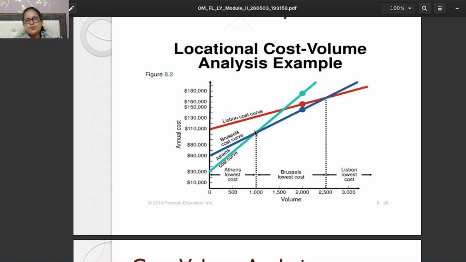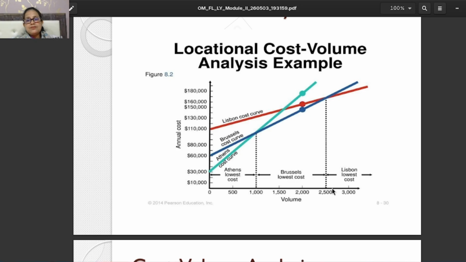Between 1000 and 2500, this is our cost, because these two are on the higher side. After 1000 of production, Athens cost goes on increasing, but Brussels cost is lower. So Brussels is good.